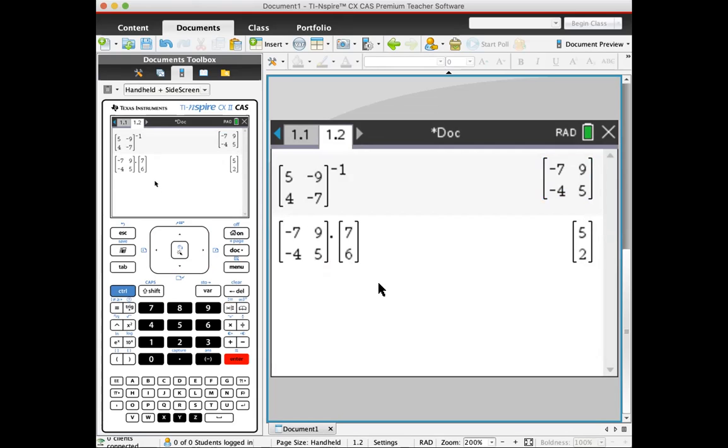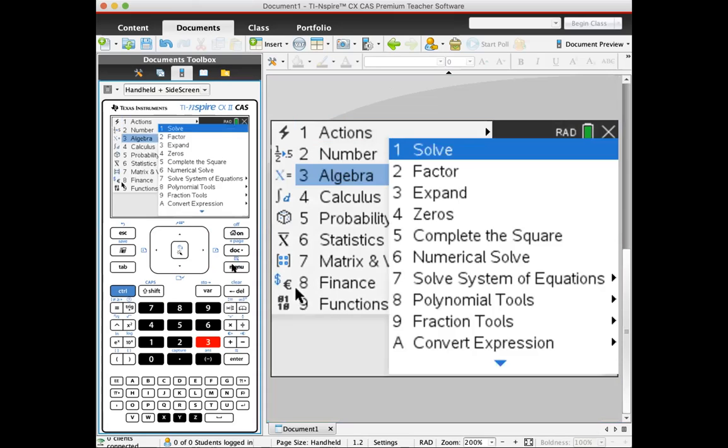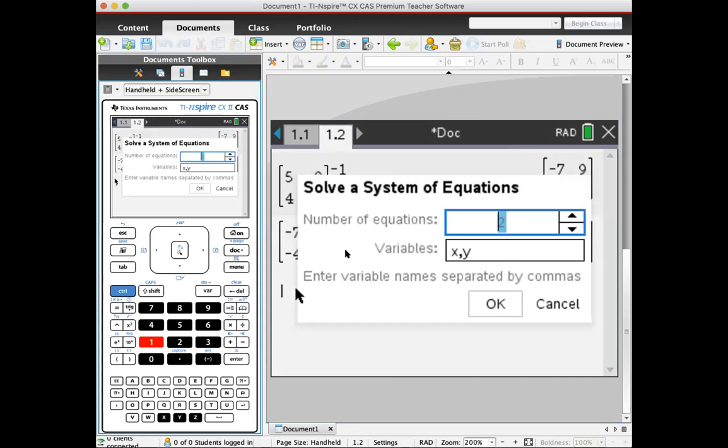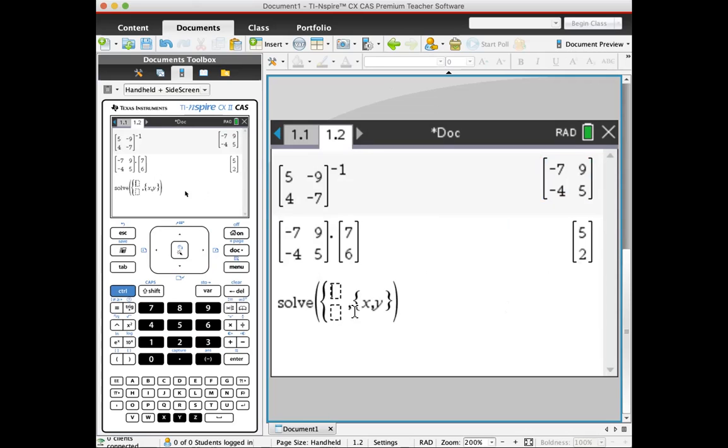Alternatively, if you don't want to use the matrix method, call upon your knowledge from year 9 or year 10 to solve these simultaneous equations. Press OK.